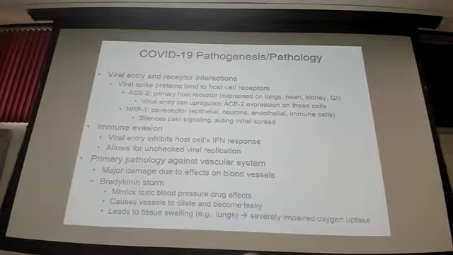I mentioned that ACE2 is the primary receptor, and there are a lot of different tissue types throughout the body that express ACE2, which makes those tissues ultimately susceptible to COVID infection. There's a co-receptor called neuropilin-1, which I think you will probably talk about at some point in A&P, and if that doesn't ring a bell, it will at some point.